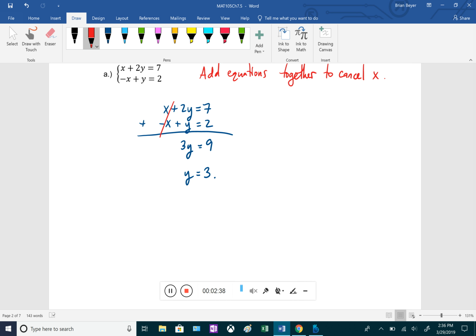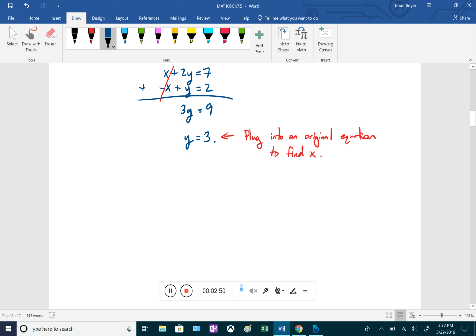So we have our y, so now we need to take this and plug it back into one of the original equations to find x. We can pick whichever one of the two equations we want. I'm going to pick that second one, negative x plus y equals 2.